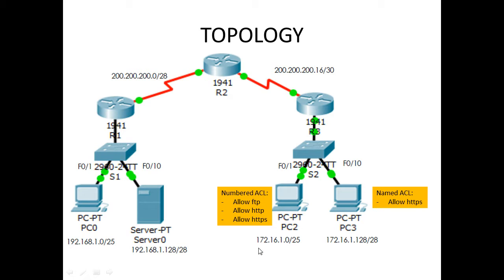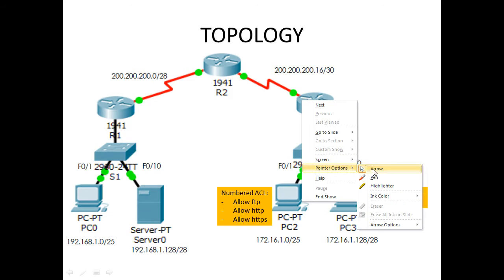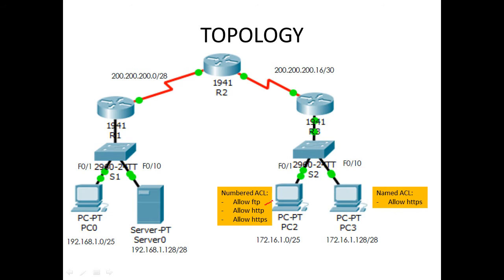For network 172.16.1.0, we will implement a numbered ACL in which we will allow FTP service, HTTP service, and also HTTPS services from PC2 to server 0. All of the services will be set on server 0.